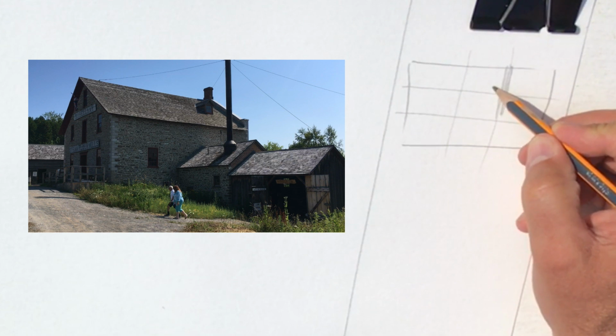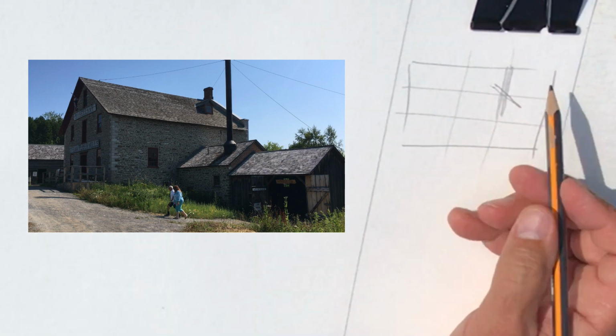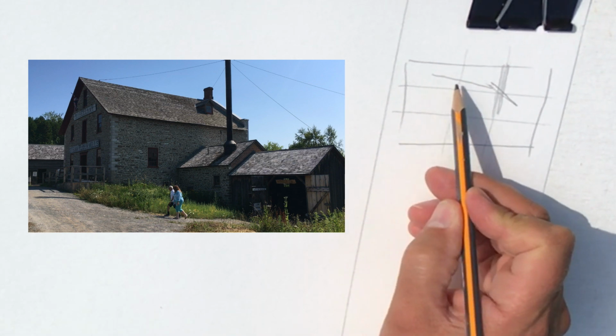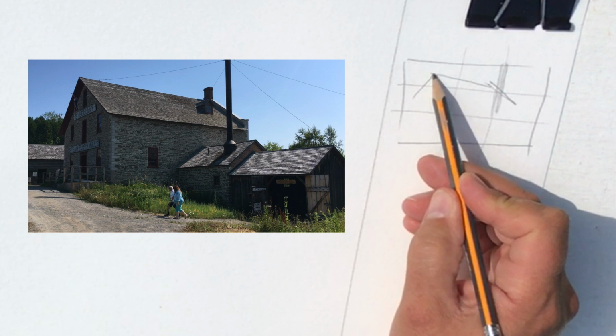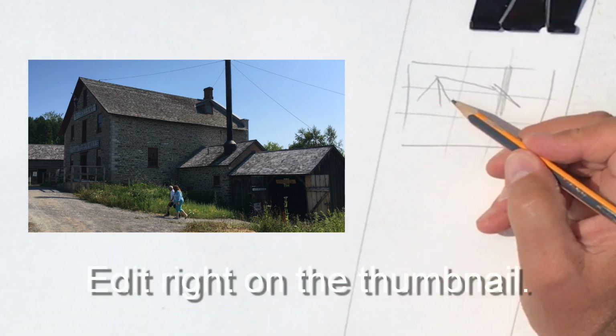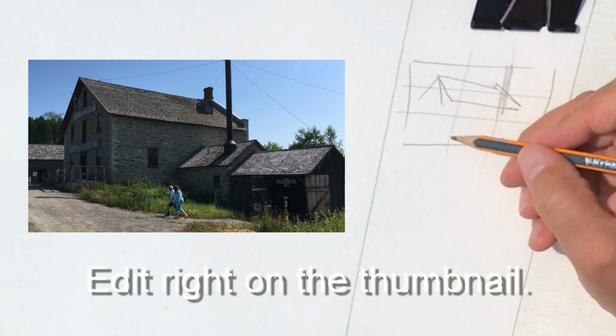But in the background here we have this that comes across this. We have this roof line like this, and then this comes up sort of like this. Alright, and that's not right, but that is. And then this joins back onto this.